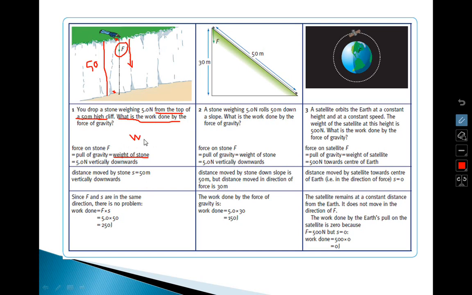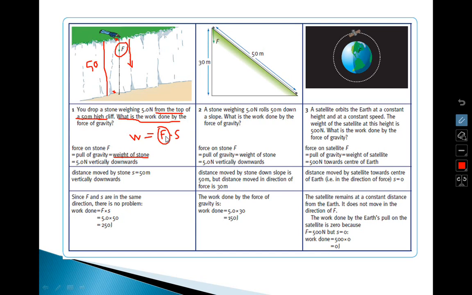We have the relation W is equal to F times S. Now we figure out what's the value of F. F is equal to the weight of the stone, which is equal to 5 Newton.